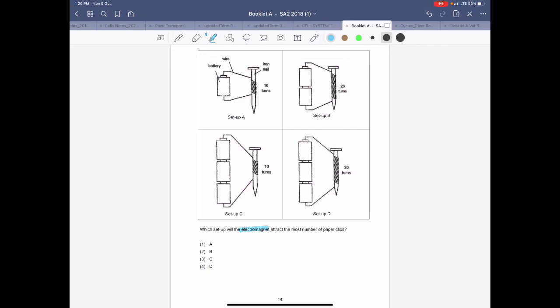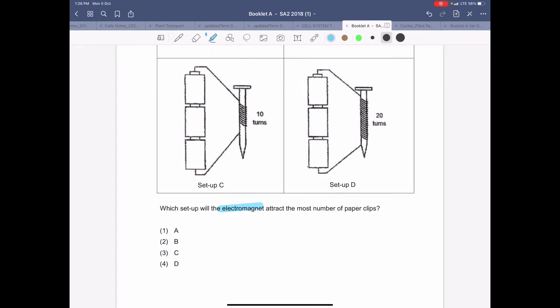Now, the first thing we need to know is what exactly is an electromagnet. An electromagnet is basically a magnet that is formed by coiling wire around an object that is made of magnetic material.